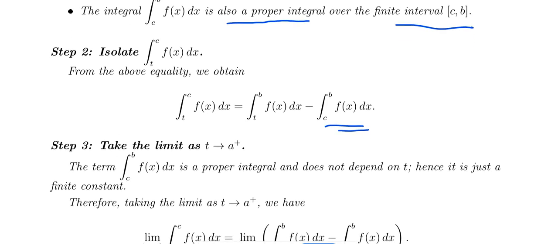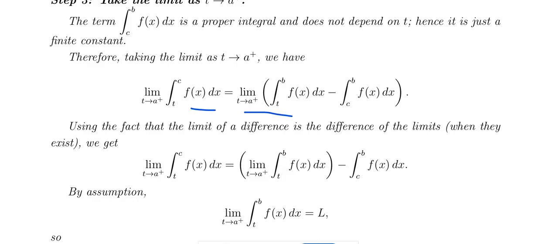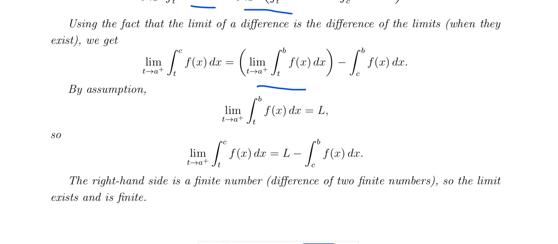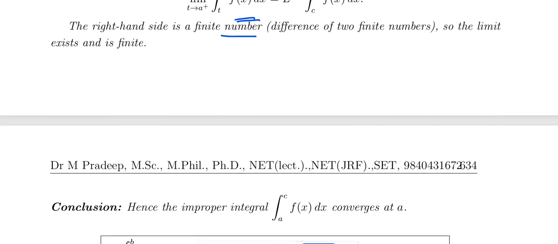When you take t tends to a plus on both sides, the right hand side first part is limit t tends to a plus of integral t to b f of x dx, which has limit L, minus integral c to b f of x dx. That also exists because c to b is a finite interval. So the right hand side is a finite number, so that limit exists for the integral t to c f of x dx. So whichever point in between you take, the limit exists for the improper integral.